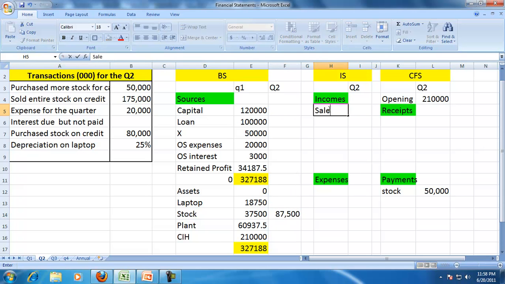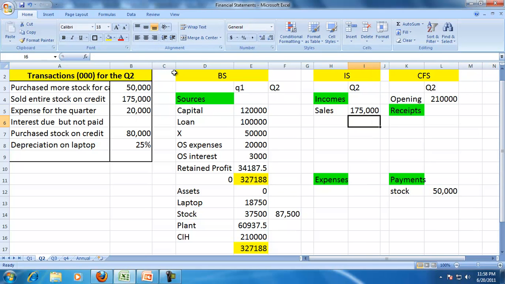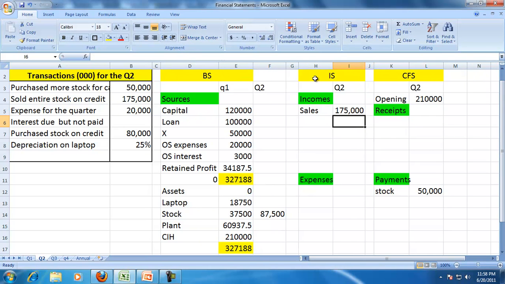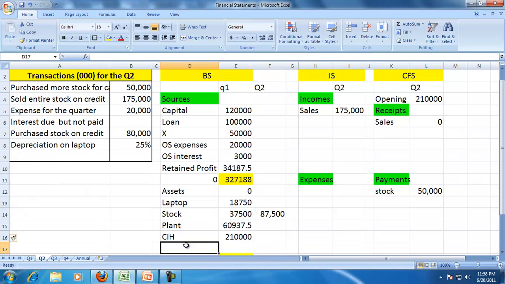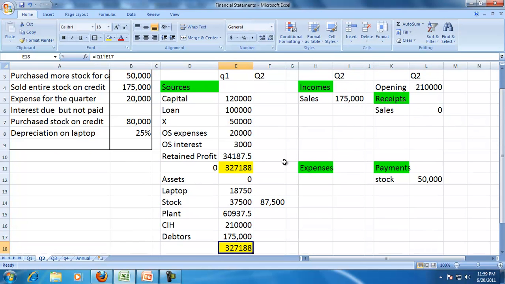I'm going to sell the entire stock on credit for 175,000. For sales there is no cash, so you're going to have an asset called receivable or debtors. What is that? Sales minus the receipt.